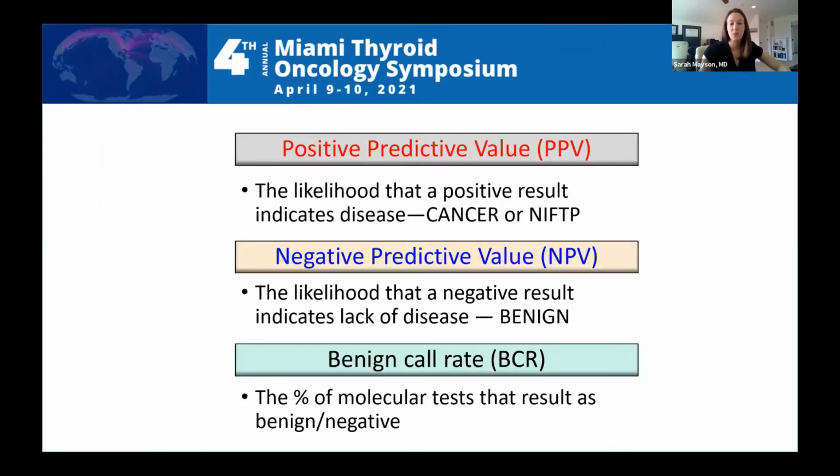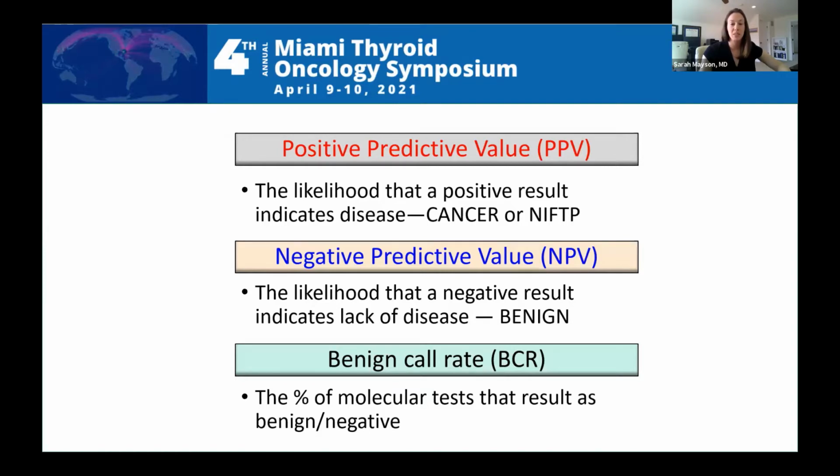It's also always helpful to remind ourselves of the terminology that we use to describe test performance. Positive predictive value, as you will recall, is the likelihood that a positive result indicates that the disease, in this case thyroid cancer or NIFTP, is present, while negative predictive value is the likelihood that a negative result predicts that the disease is absent.